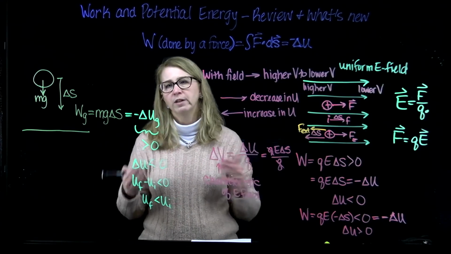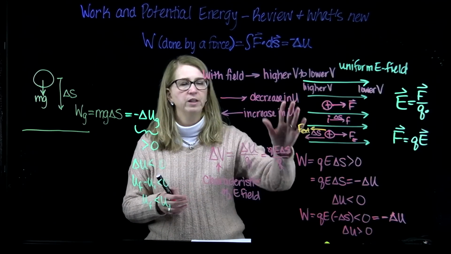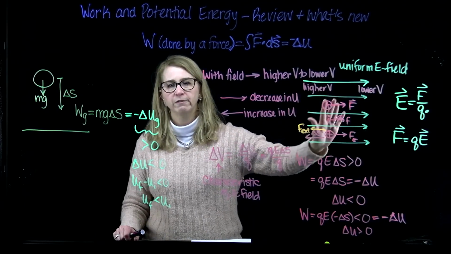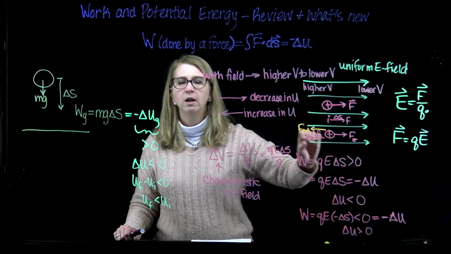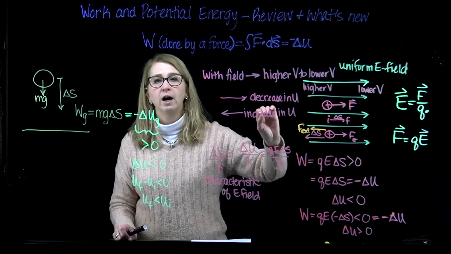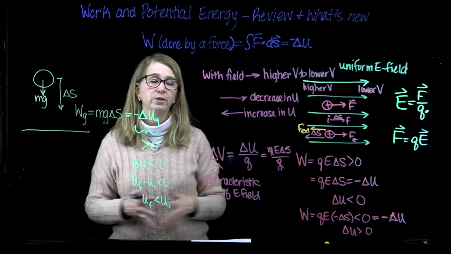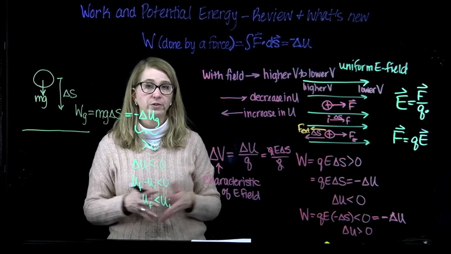But what we're going to want to think about is another way to think about that electric field: within the field there are different areas where the potential due to the field is different. And when I move a charge from one point to the other, I'm moving it from a point of higher potential perhaps to a lower potential, and this influences the change in potential energy that that charge experiences.